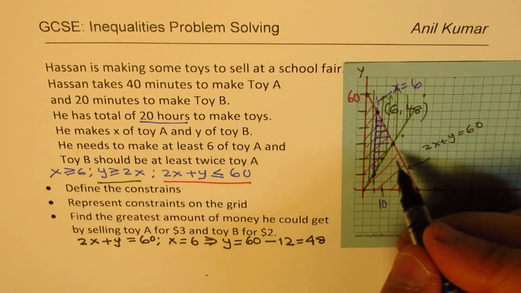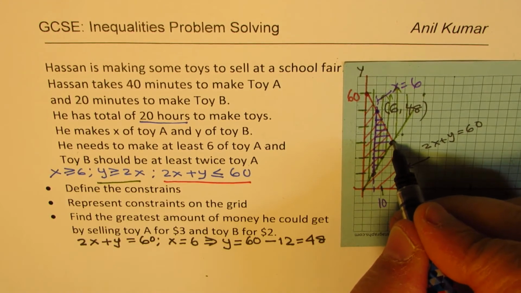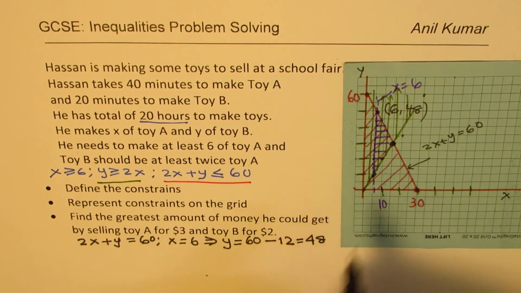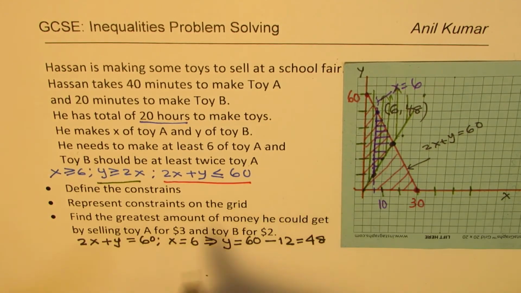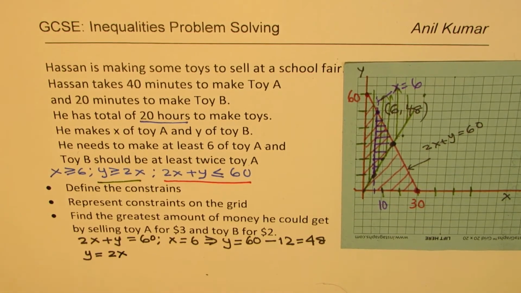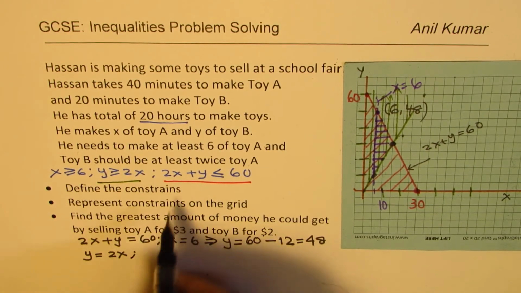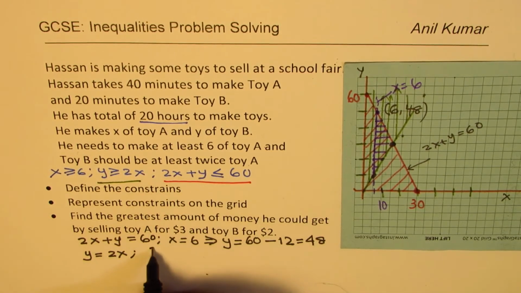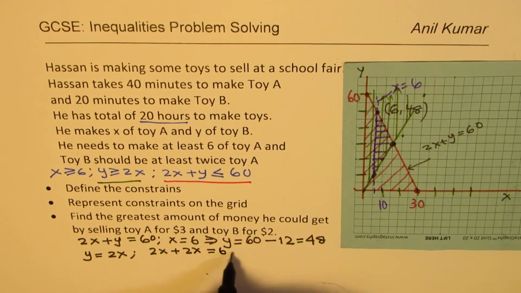Now let's look into the other point, which is at y equals to 2x. So we have equation y equals to 2x, right? And if I substitute this in the equation 2x plus y, I get 2x plus 2x equals to 60, right?